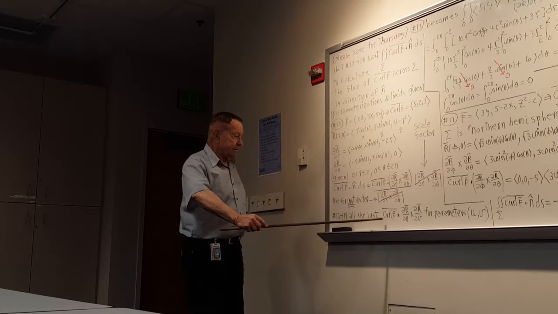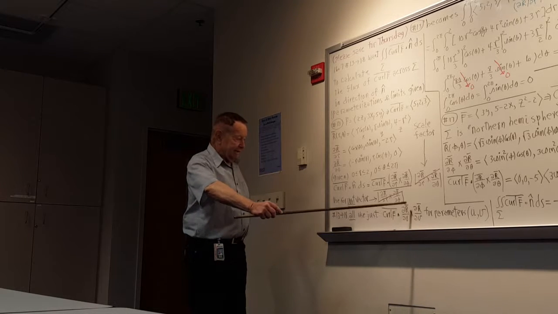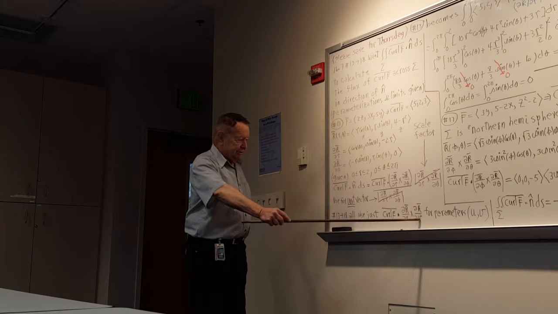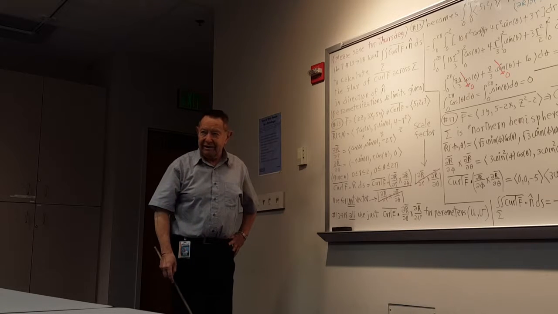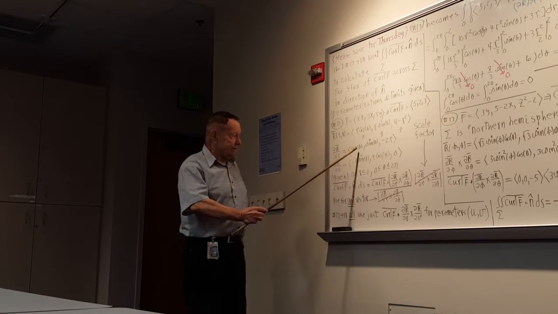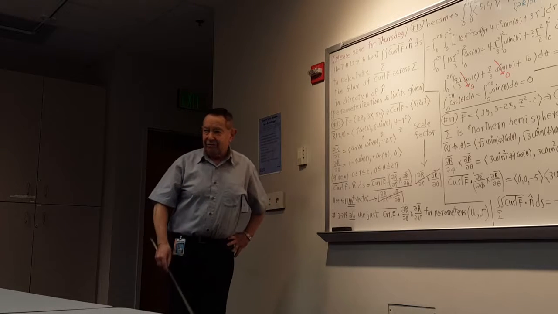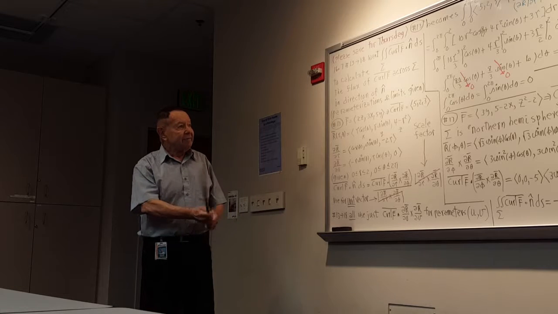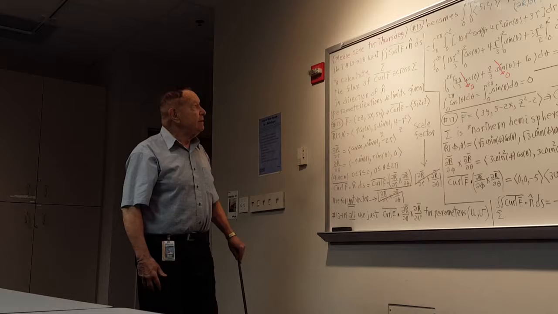So we're just going to use curl f dot the cross product of the partials with the two parameters u and v, whatever they are, whether they're the cylindrical coordinate parameters like 13 or whether they're the spherical coordinate parameters like problems 17 and 18 that we'll do.